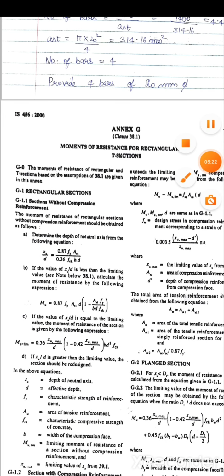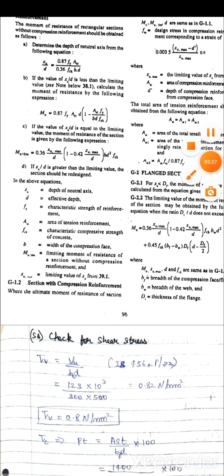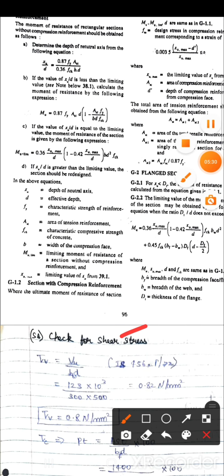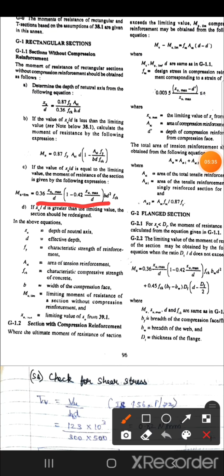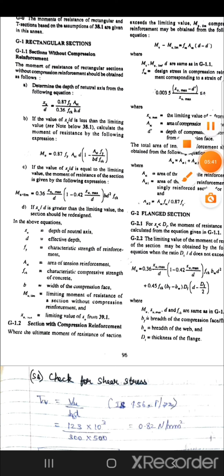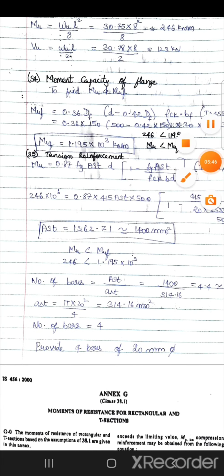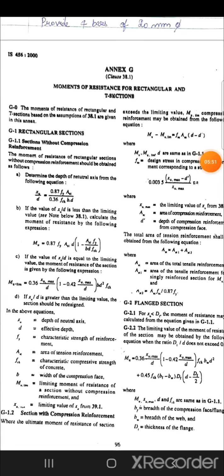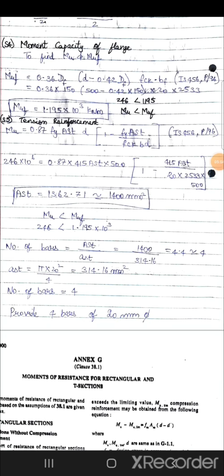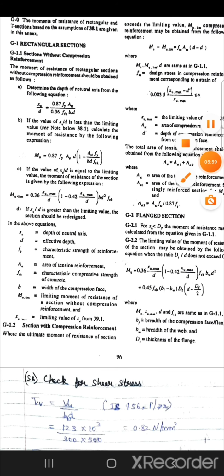Here in IS456 2000 page number 96, here is the formula. Instead of XU max, here you are taking it as DF. You must take the value as DF instead of XU max by D, and here they have given 1.